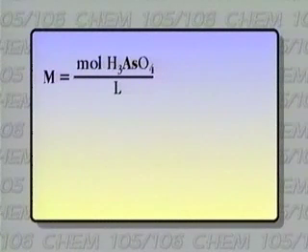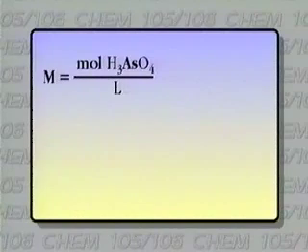Now we have just calculated the number of moles of acid, and we know from the information given at the beginning of the problem that that number of moles of acid was contained in 50 milliliters of the solution. So we have the two units, moles from here, liters from the information given in the problem. We're ready to solve for molarity.